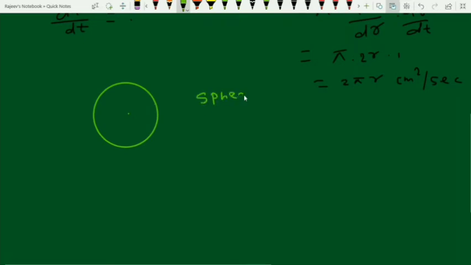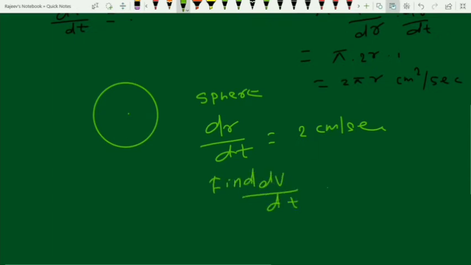A sphere. And its radius changes at the rate of 2 centimeter per second. They're asking to find dv by dt when r is equal to 5 centimeters. See, they're asking dv by dt when r is equal to 5 centimeters.